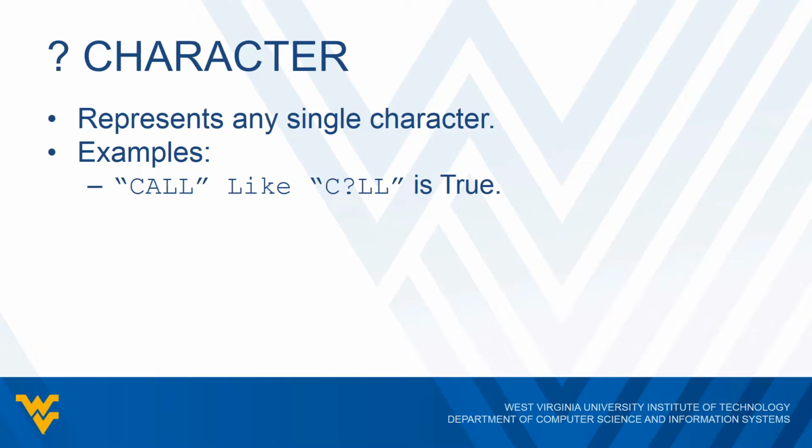And the answer is yes, because the first character in both cases is a capital C. The second character, we have an A and a question mark. Since the question mark can be any character, including a capital A, that matches. The third character in both is a capital L, and the last character in both is a capital L. Therefore, we do have a match, so the like operator is going to return true.